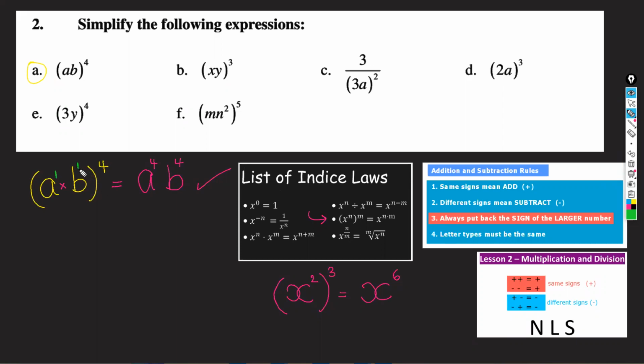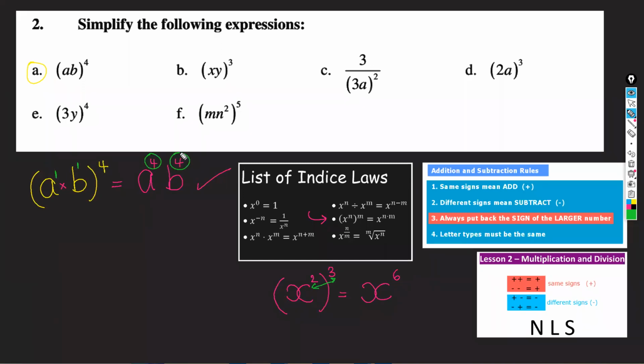And of course, this 1 is separated from this 4 by a bracket, and this 1 is also separated from the same 4 by a bracket. Remember, when powers are separated by brackets, you can multiply. So 1 multiplied by 4 is 4, and 1 multiplied by 4 is our next 4.